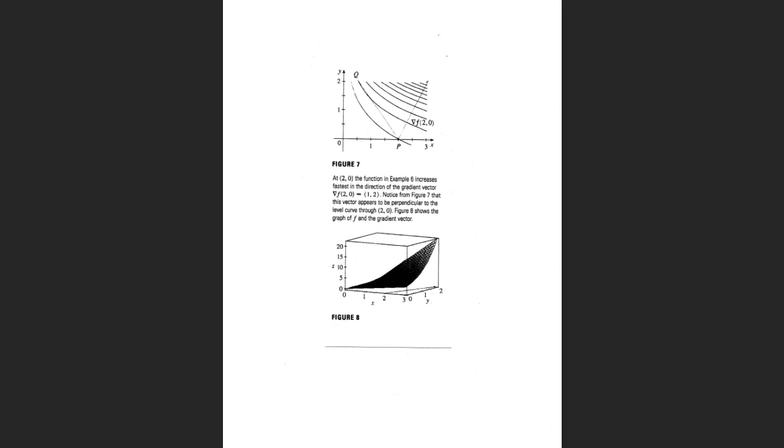So here's the point P. The point P is at (2, 0). That's what we're interested in. Here's the level curve.